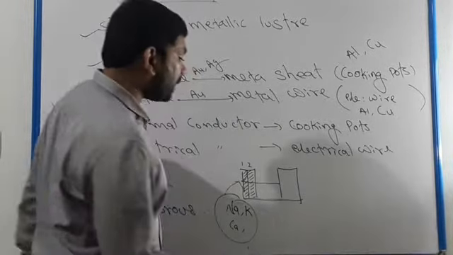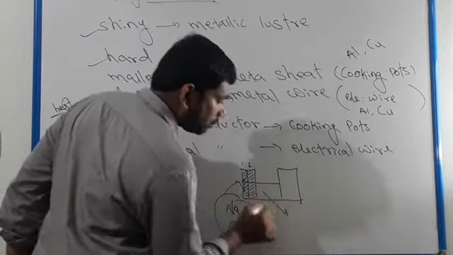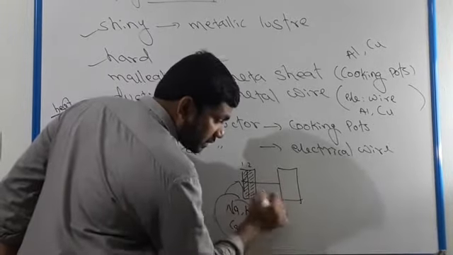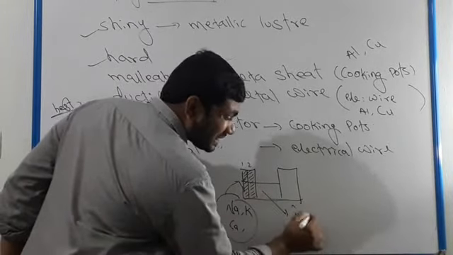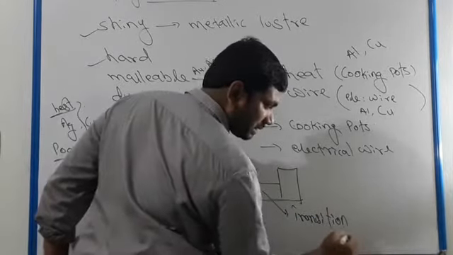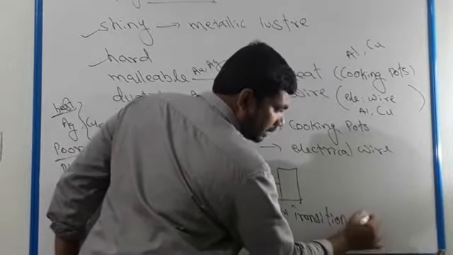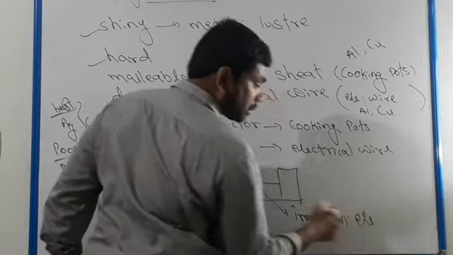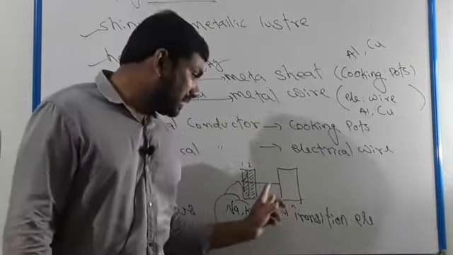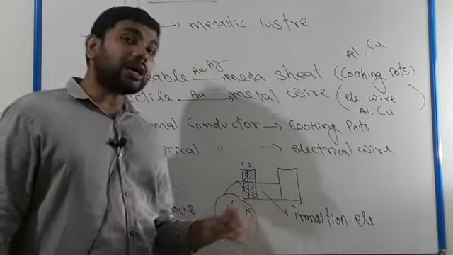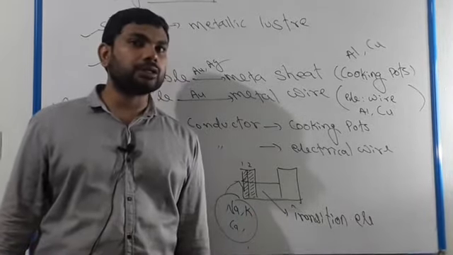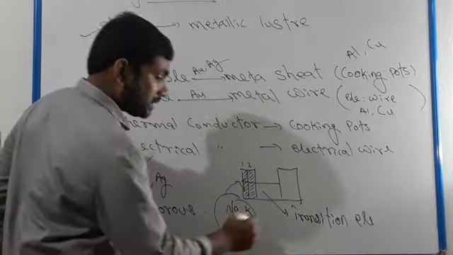But most of the metals come in this part. These metals are called transition metals, or transition elements, because all of them are metals. These metals are hard, and they have high melting and boiling points.